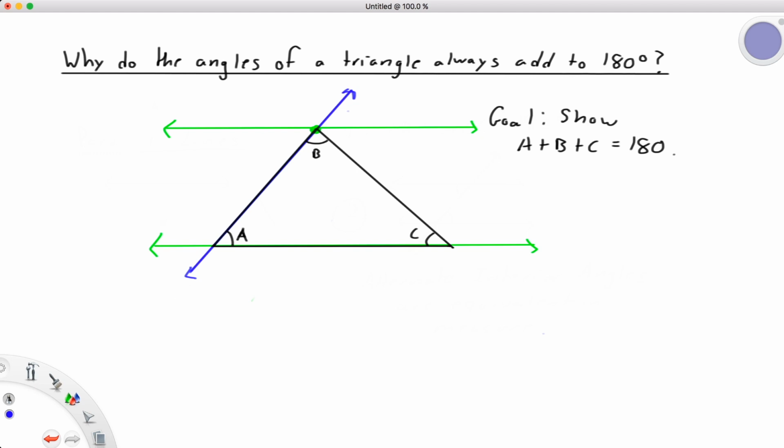It intersects both of those two that are parallel. And because of alternate interior angles, we can say that this angle here is going to have the same measure as angle A.